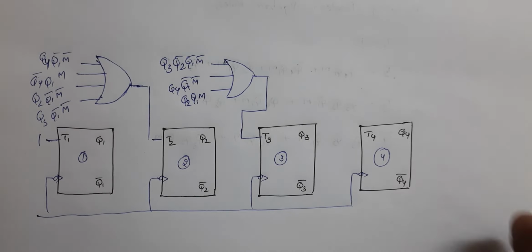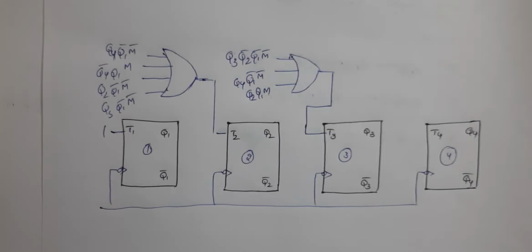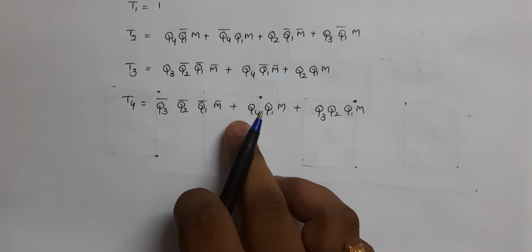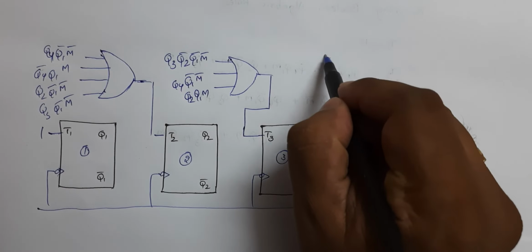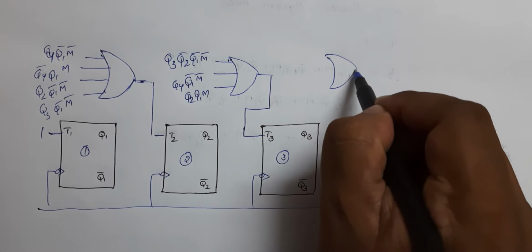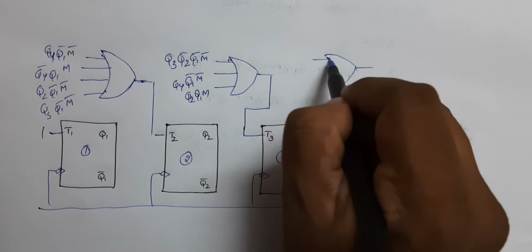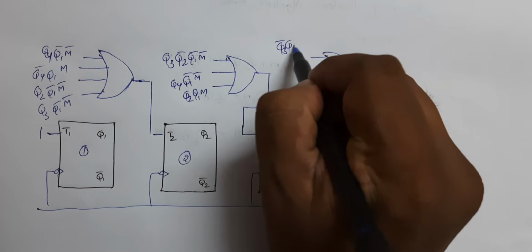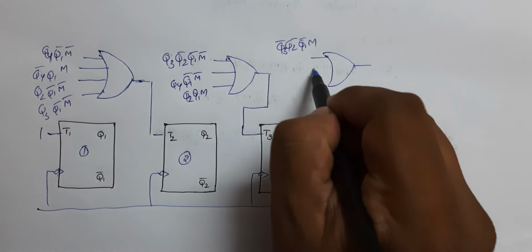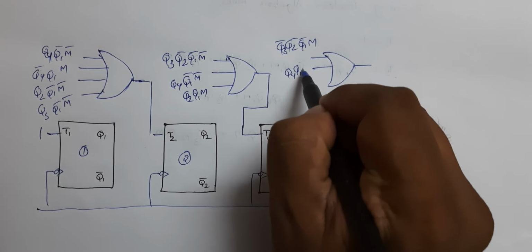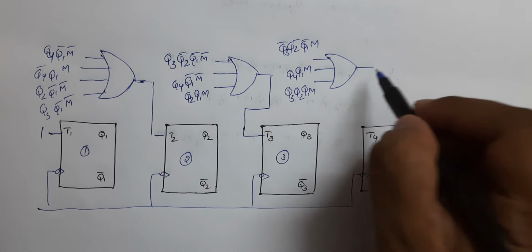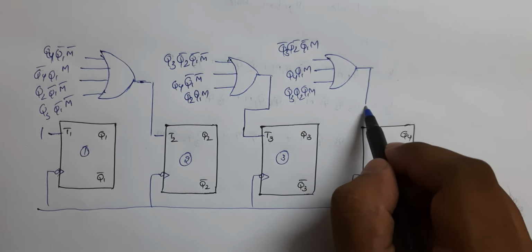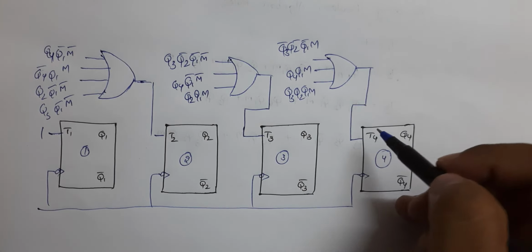And for T4, the expression is this one: Q3 bar Q2 bar Q1 bar M, and based on the expression we again consider a 3 input gate, whose inputs are Q3 bar Q2 bar Q1 bar M, Q4 Q1 M, and Q3 Q2 Q1 M, and the output is connected to T4.